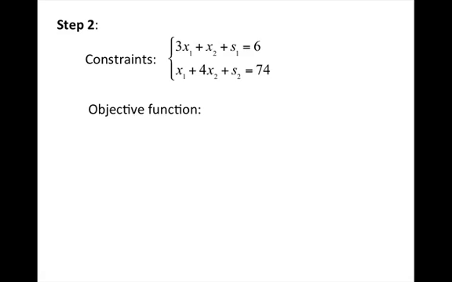Then for my second constraint, I add an s sub 2 because this is a different slack variable. So I have x sub 1 plus 4x sub 2 plus s sub 2 equals 74.